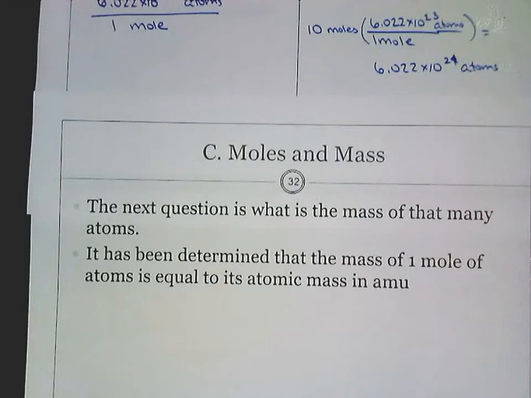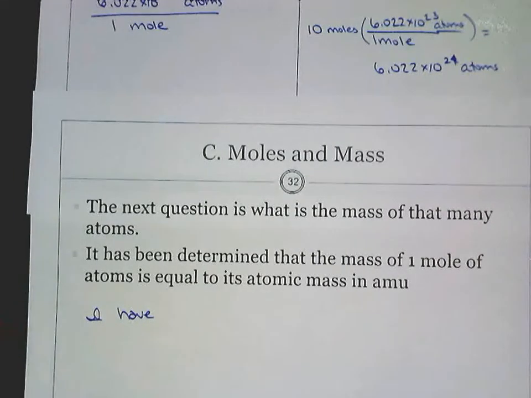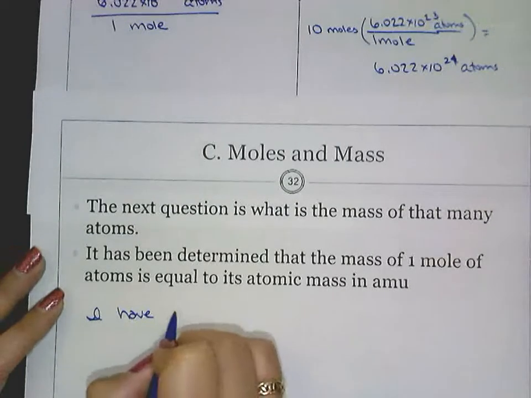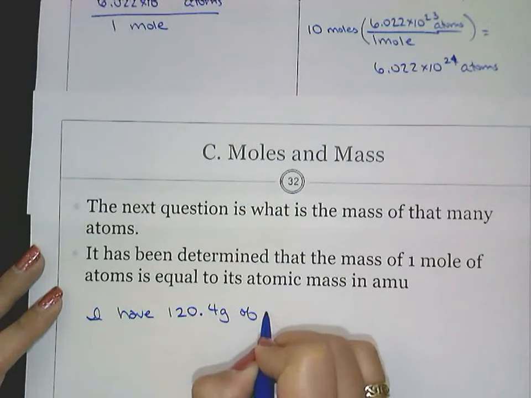How handy is that? So let's say I have, what element do we want to pick? Let's pick, well, I never picked vanadium. Let's do vanadium. Number 23. I have 120.4 grams of vanadium.